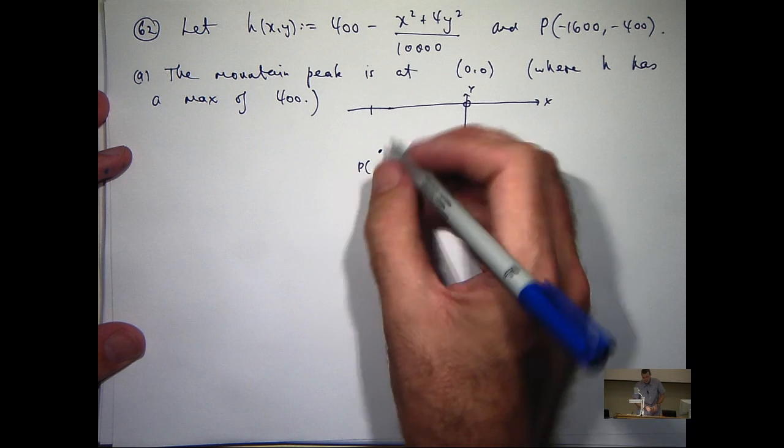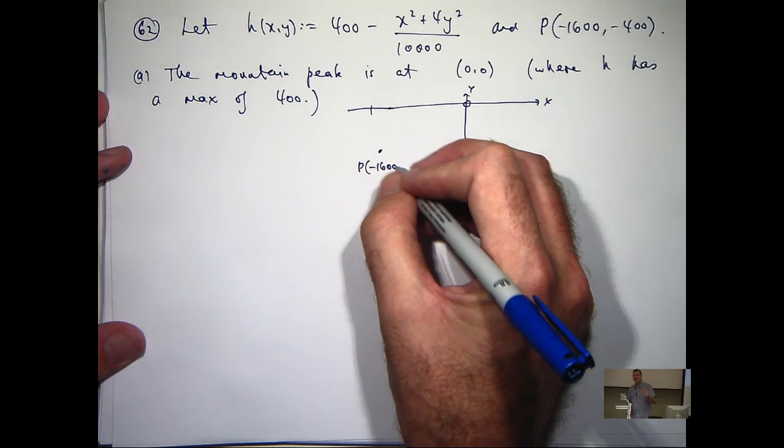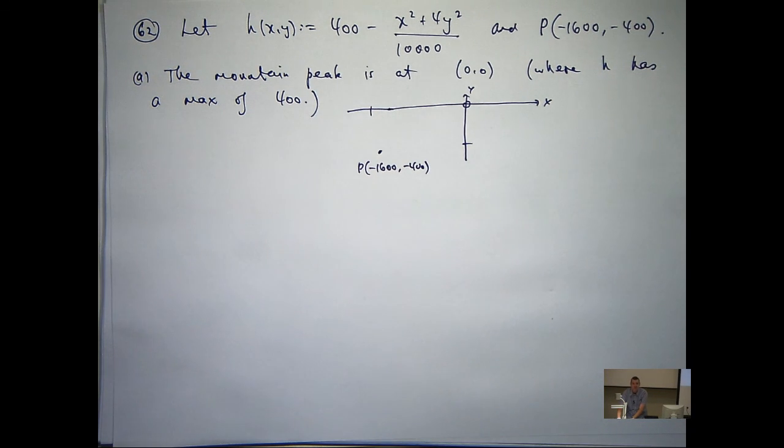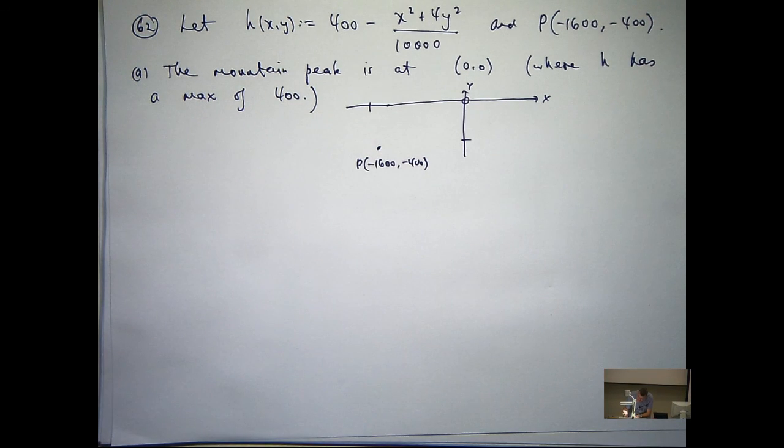What's my vector pointing towards the peak going to be? So I'm at the point P, I'm looking towards the peak at the origin. What's the associated u vector going to be?